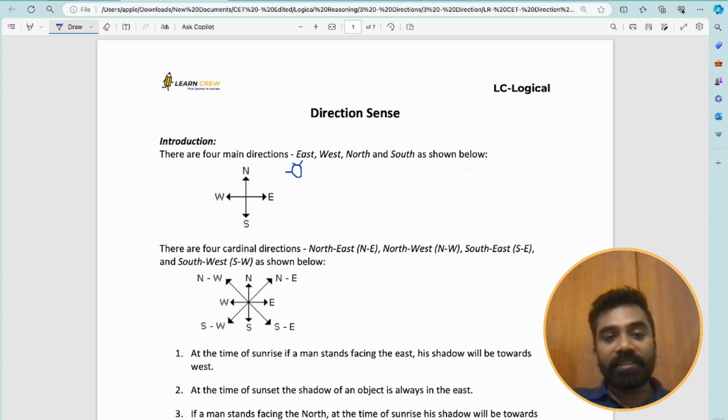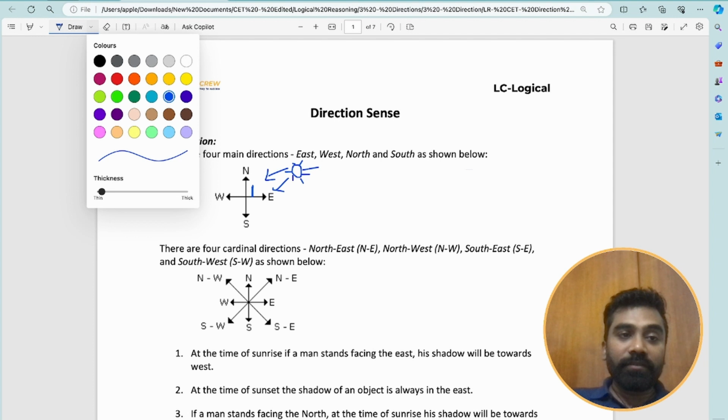Obviously, the sun rises in the east. My drawing might not be wonderful, just stay with this. There is a sunrise, and imagine there is a person standing here. If the person is standing here, obviously his shadow will be falling on which side?